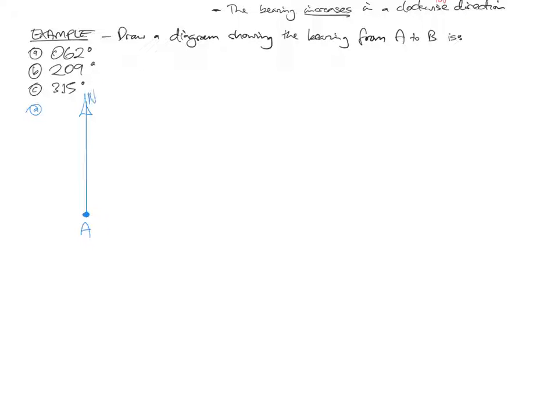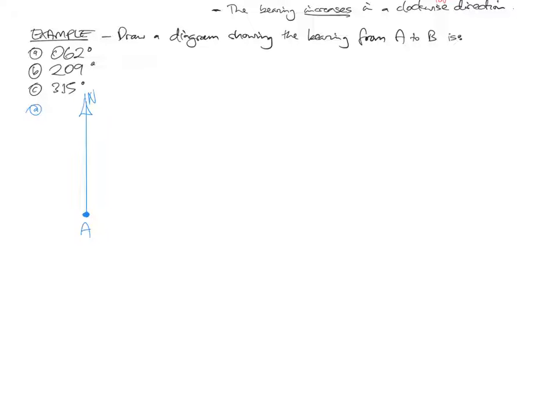That's true north up there. Indicate it with an arrow, put an N there, that's true north. So our bearings, like this 062 degrees, are in a clockwise direction from true north.